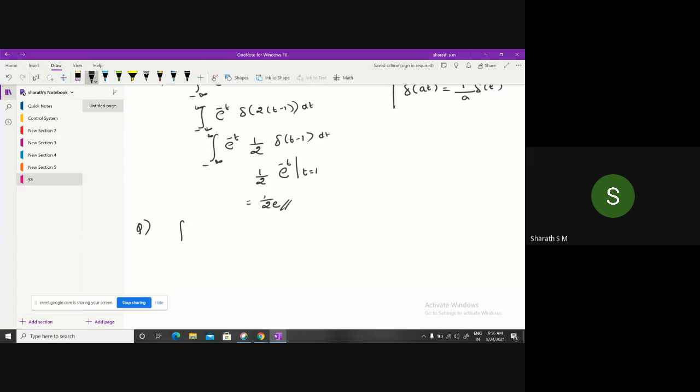In the same way, integral from 0 to 3 of e power t minus 2 delta of 2t minus 2.